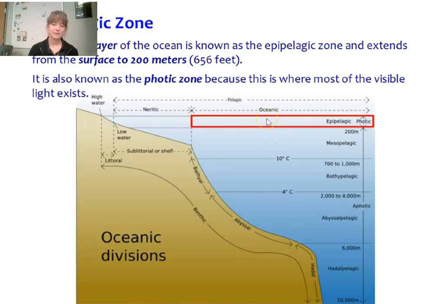How is photosynthesis able to happen when there's no ground for plants to live in? Well, recall that most of the organisms in the ocean that do photosynthesis are actually floating around. These are called phytoplankton.